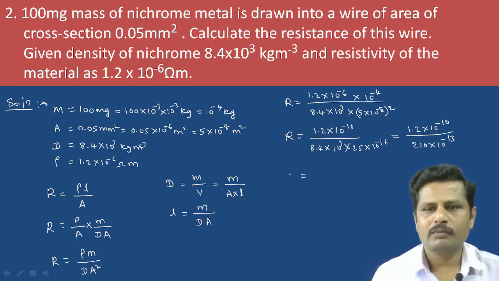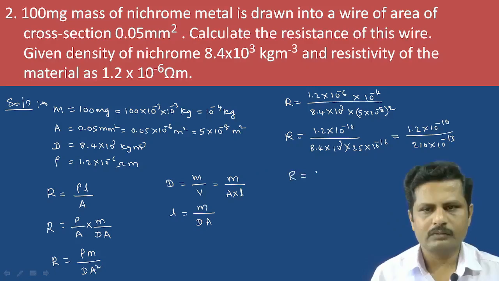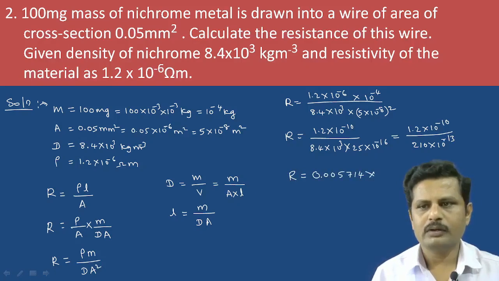Now R equals 0.005714 into 10 to the power minus 10, and here we have 10 to the power minus 3 in the denominator, so it becomes 10 to the power plus 3. Therefore we can write R equals 5.714 ohm. This is the resistance of the given wire.